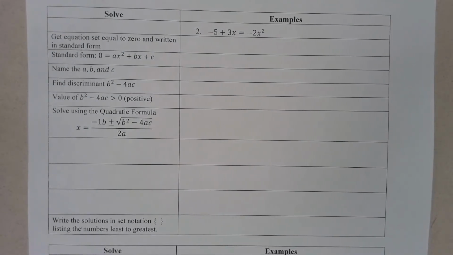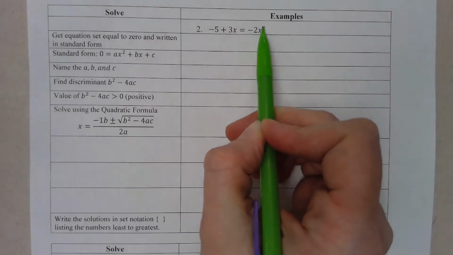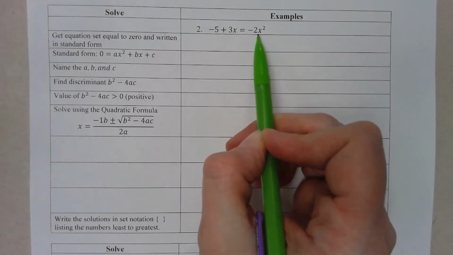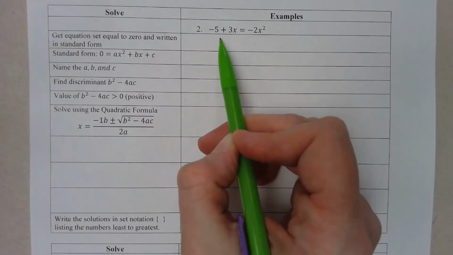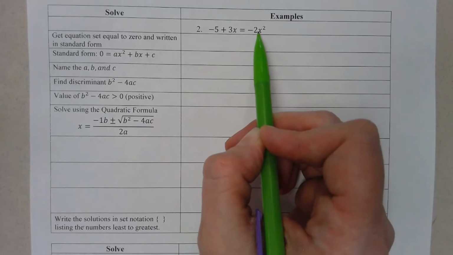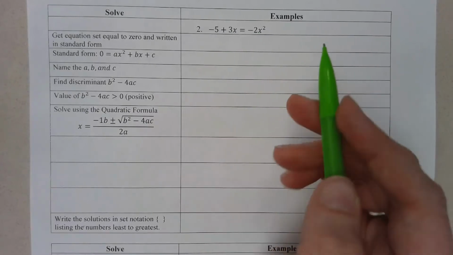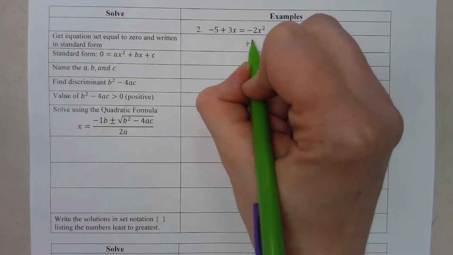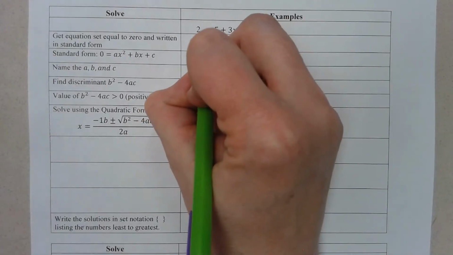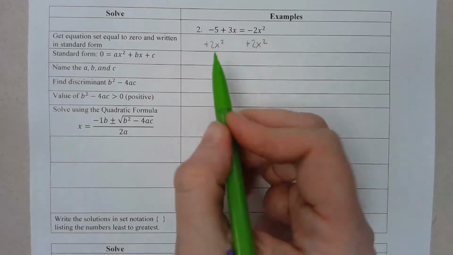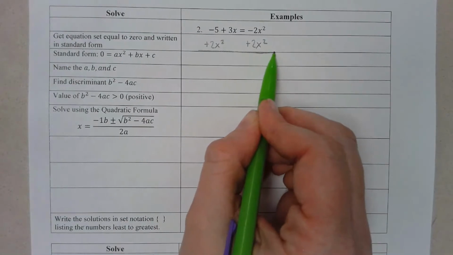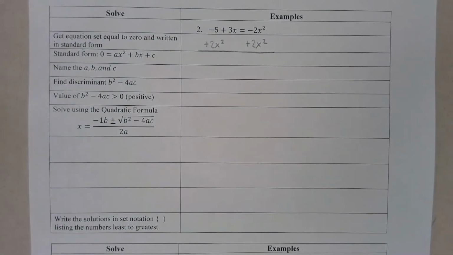My recommendation is, 1, do as little work as possible, and 2, try to keep your x squared term positive. So here, because there's only one thing to move, I want to do as little work as possible. I can move that one term, and if I moved it, it would make it become positive. That's what I'm going to do. So adding 2x squared to both sides, we actually will not be able to combine that with anything because we don't have a like term.